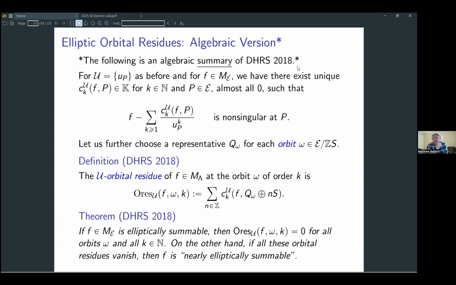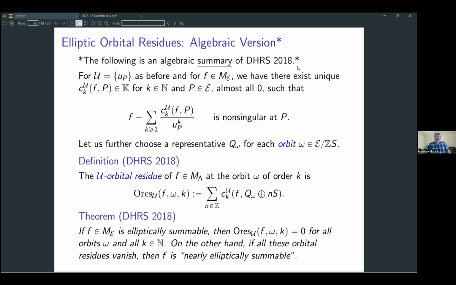So given this set of local uniformizers and these local expansions, we can define these orbital residues analogously as before. We take a representative in each orbit and then sum over that orbit at a particular order k, and this defines the u orbital residue of the elliptic function f, just as before.